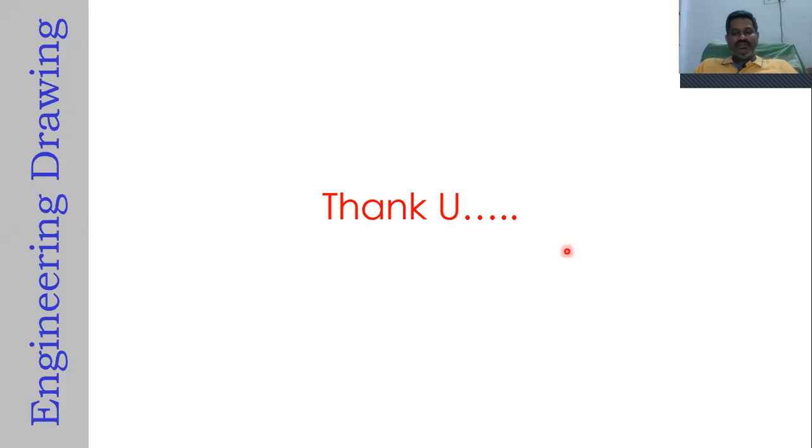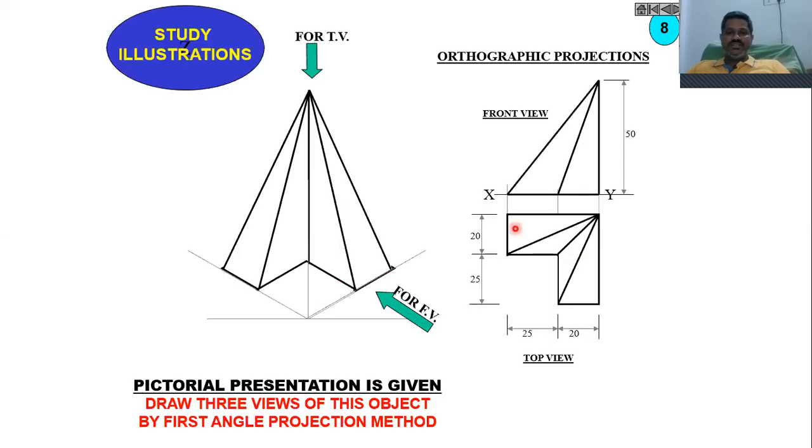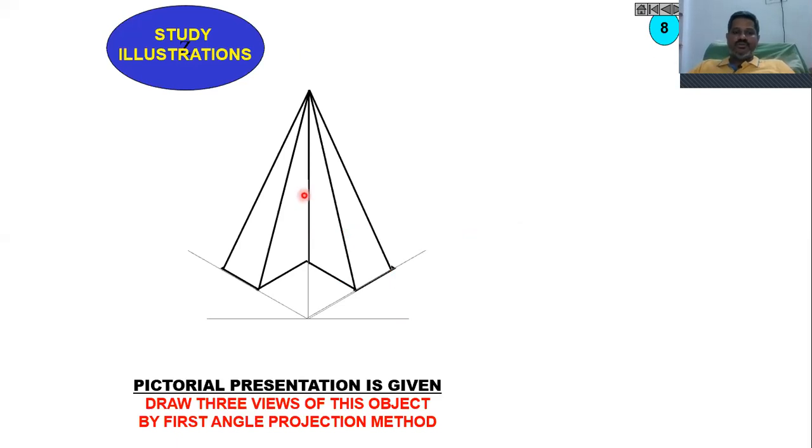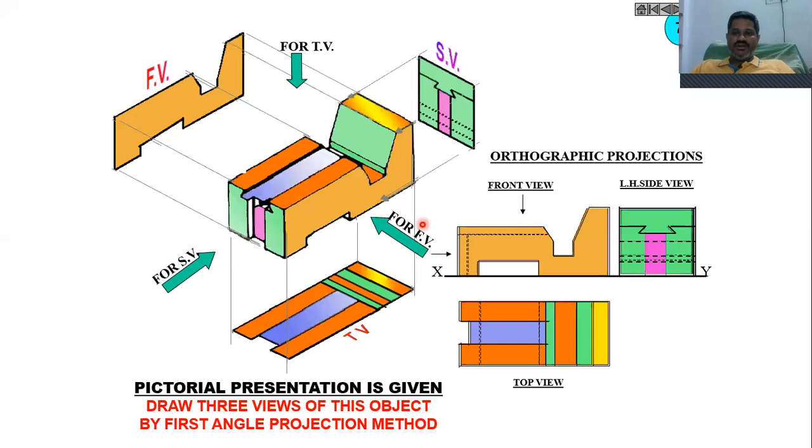Thank you one and all for this session. Let me go back to what we have discussed as of now. We have seen the different components and orthographic projections. Now let me go back, and this is one component we have covered, in which also you will find all the dotted lines.